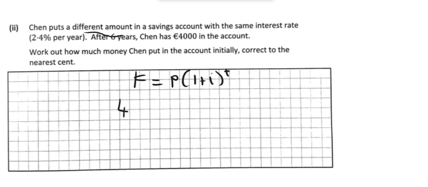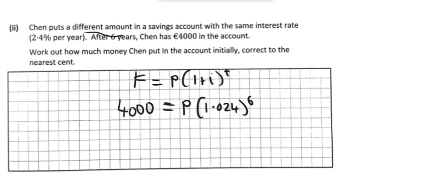We know that 4,000 is the amount he has after the 6 years, so that's the final amount. P we'll leave, and then in here it'll be 1 plus 0.024, so 1.024, and then the time is going to be 6, because it's 6 years.